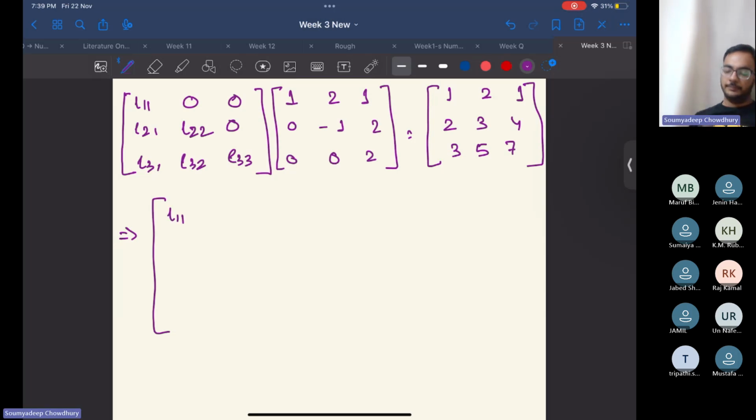The next element, the 1 2 element, how is it? First row into second column, right? So it is L11 into 2, remaining all are 0. So it is 2L11.